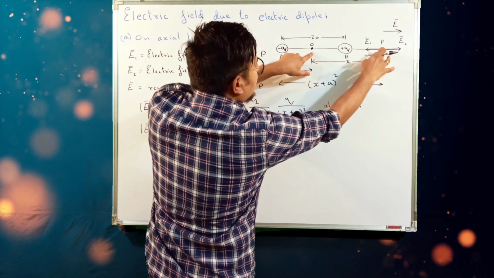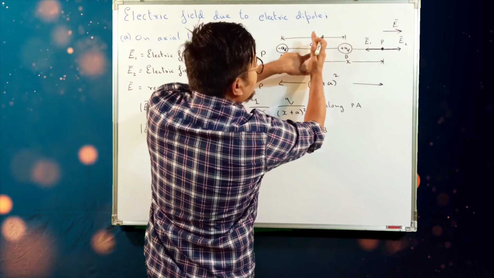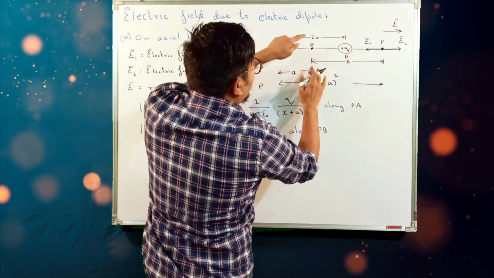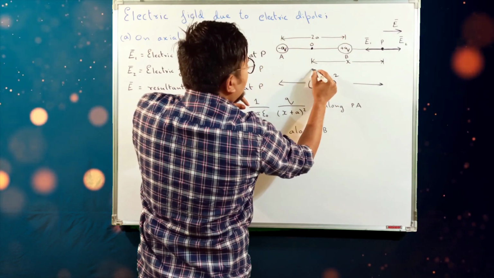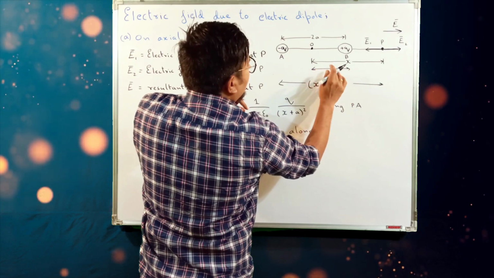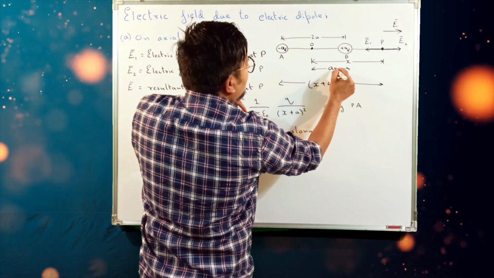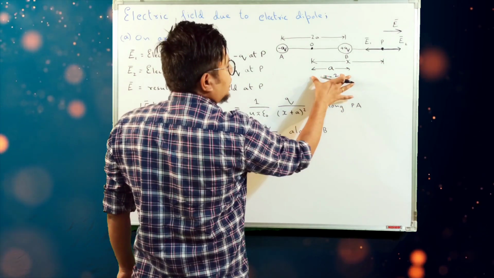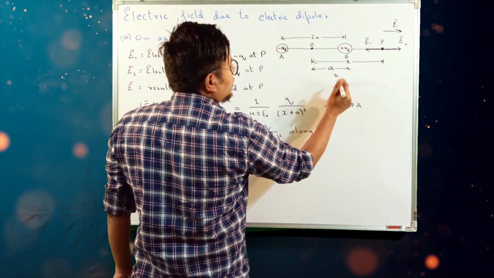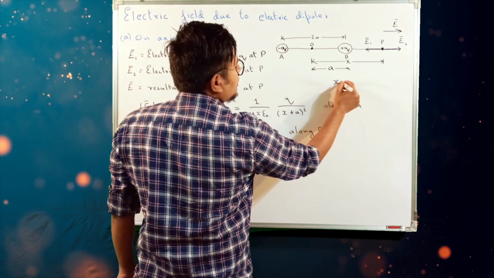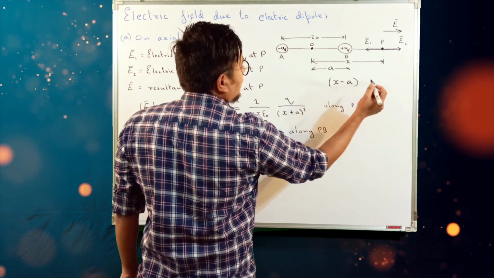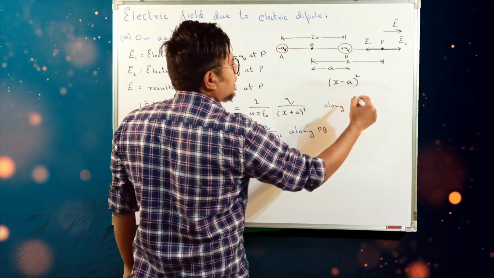X. And this is the extra term that is coming into the picture, an extra distance, which is A. Since an extra term A is coming into the picture, it becomes x minus A. Again the same thing, whole thing square.